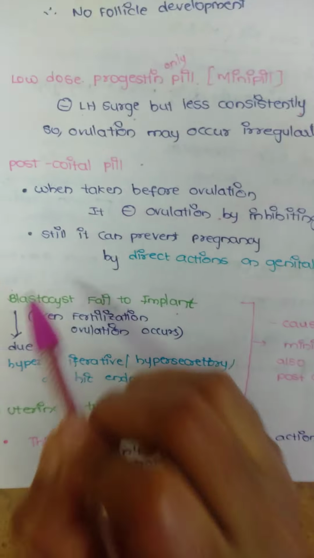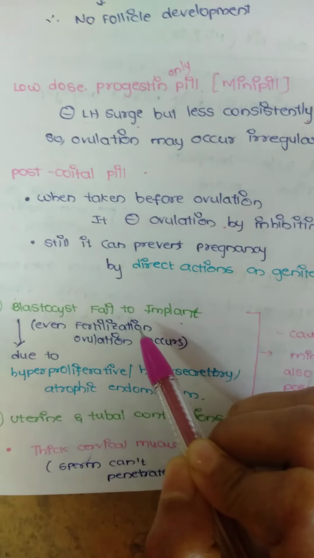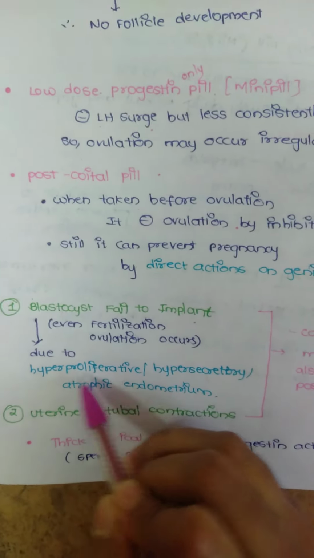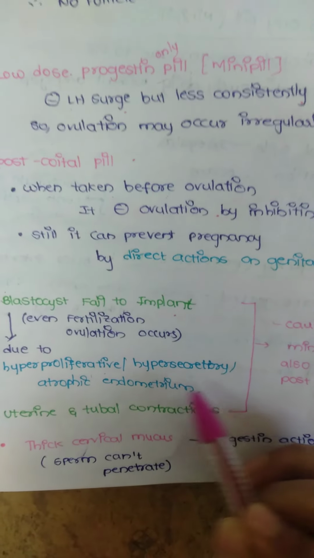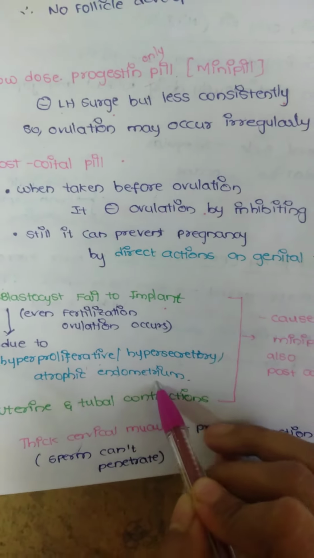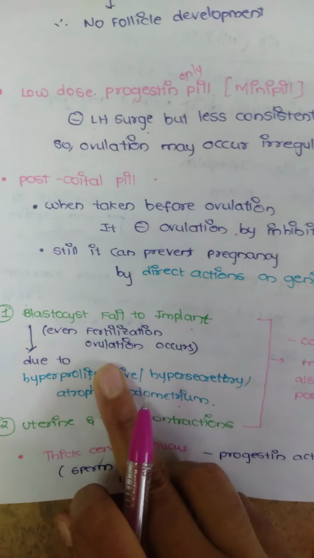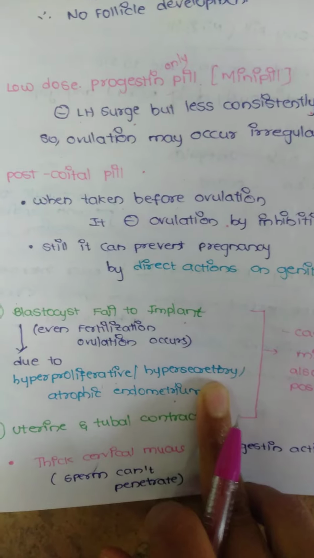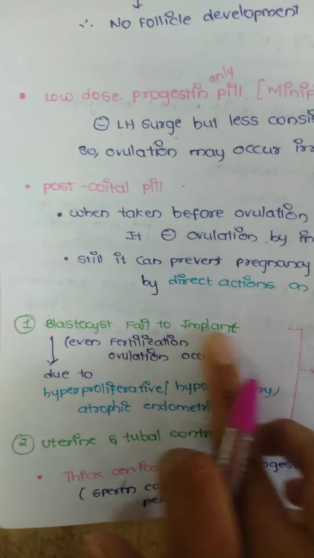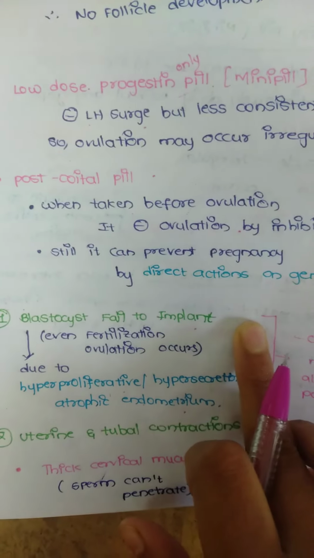These drugs make the blastocyst fail to implant due to a hyperproliferative, hypersecretory or atrophic endometrium. By making the endometrium hyperproliferative or hypersecretory, the blastocyst fails to implant.